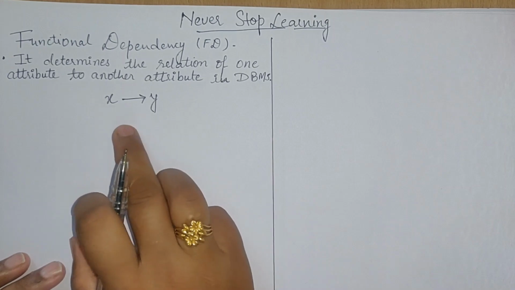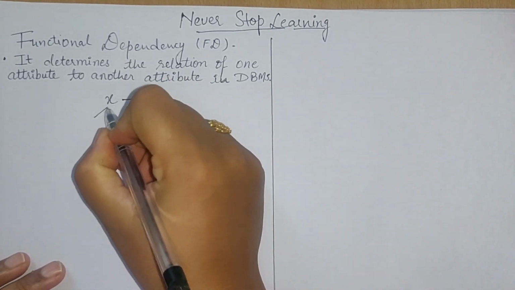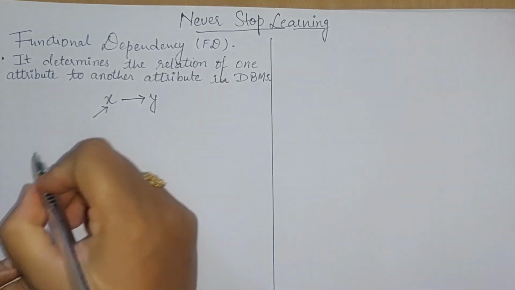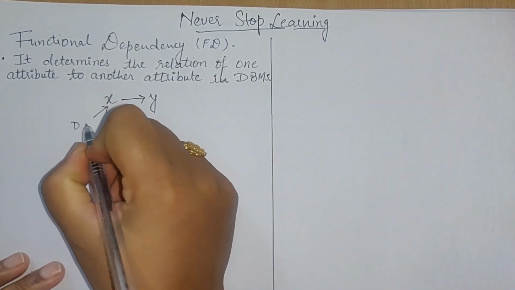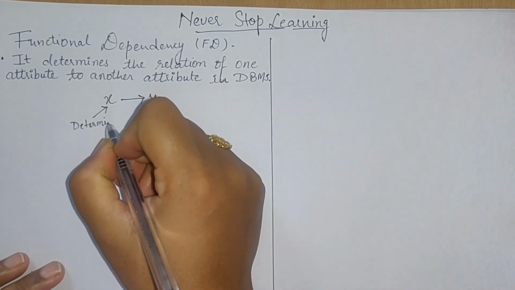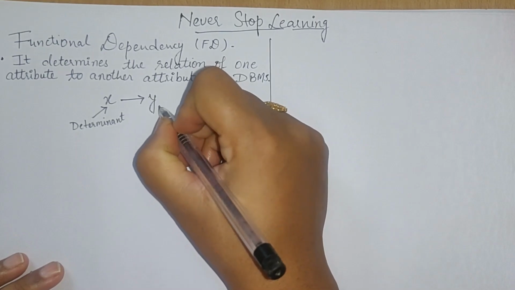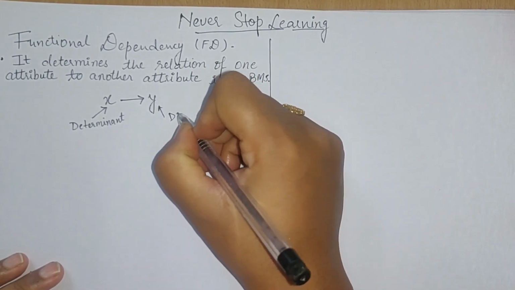Here this left hand side is the determinant, and this right hand side is known as the dependent.